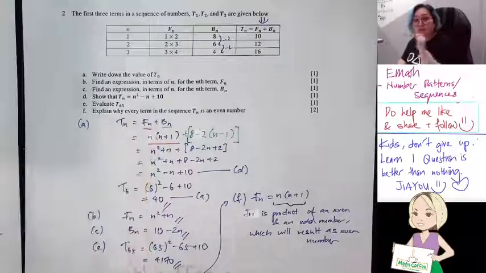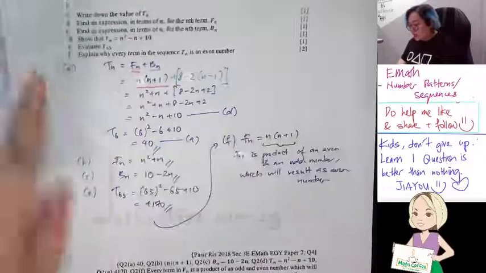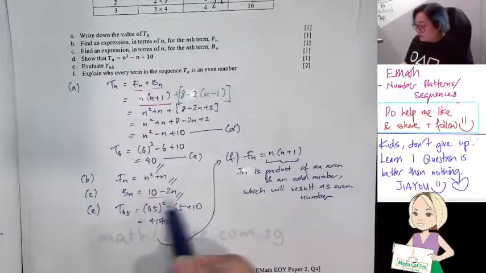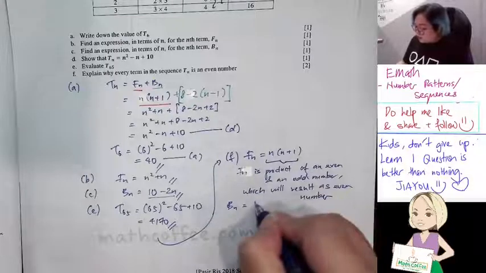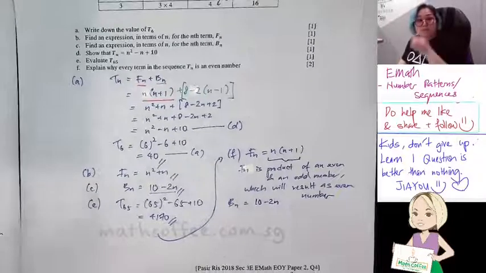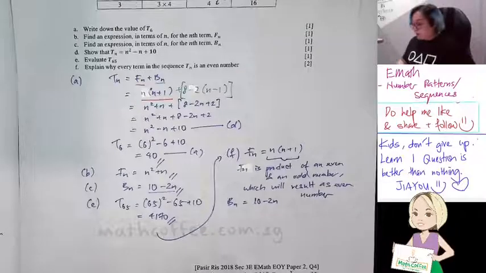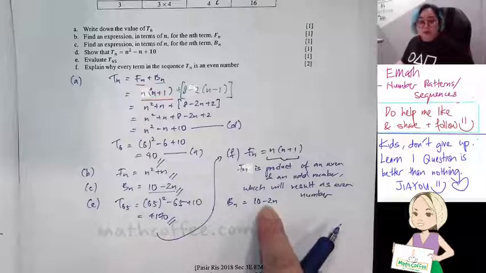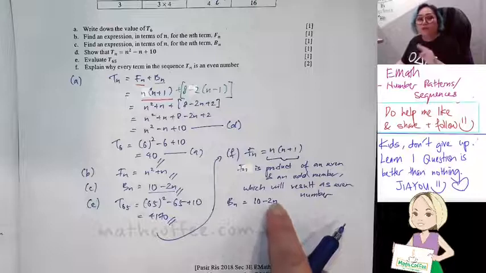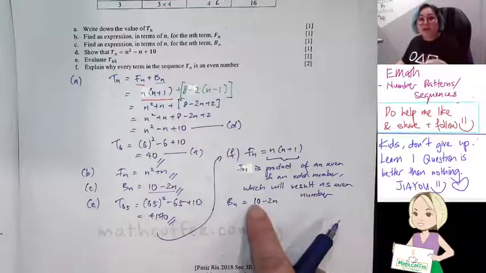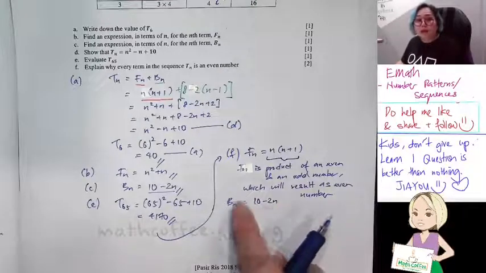Now let's take a look at my Bn. Our Bn over here is 10 minus 2n. This 2 is even, although it's a minus, it's still even. So your n, regardless of whether it is odd or even, after you times 2, it will be even. And the 10 is also even. So my Bn whole thing will be even.